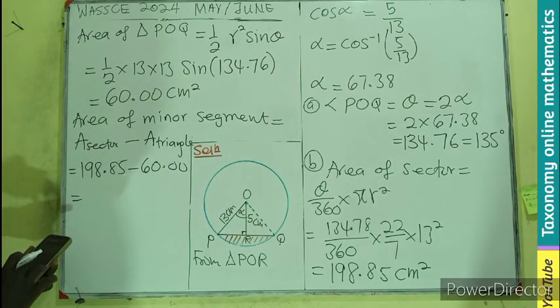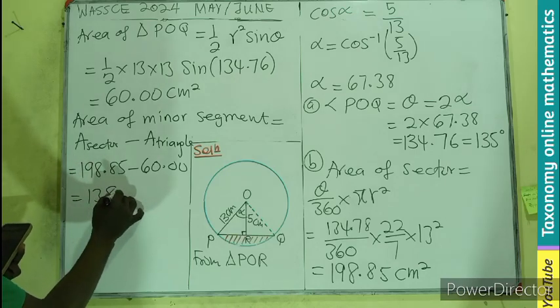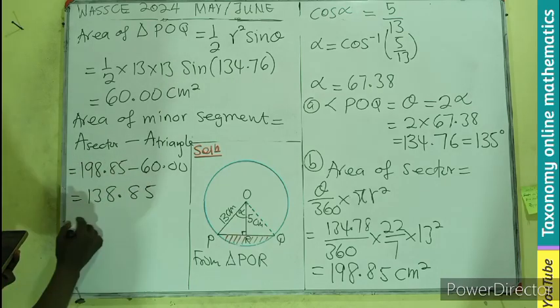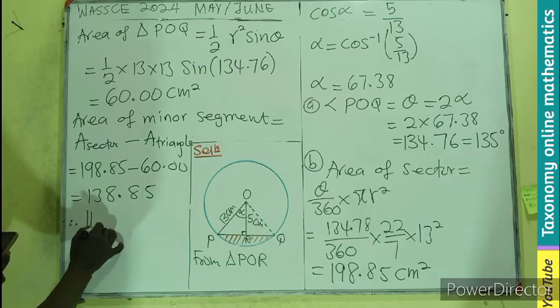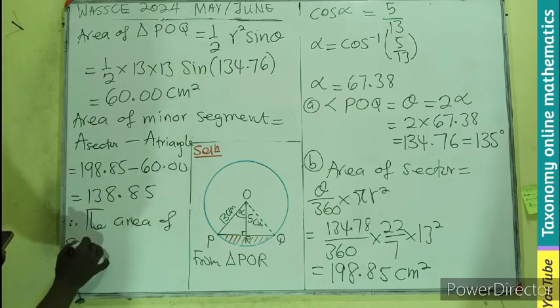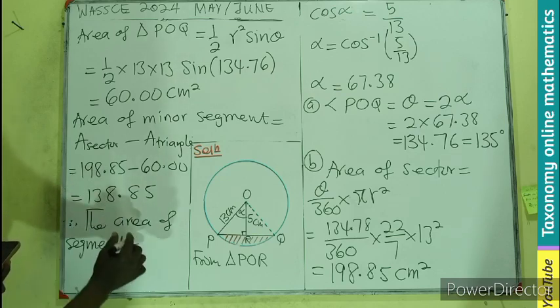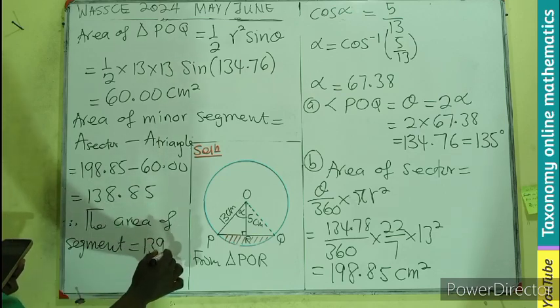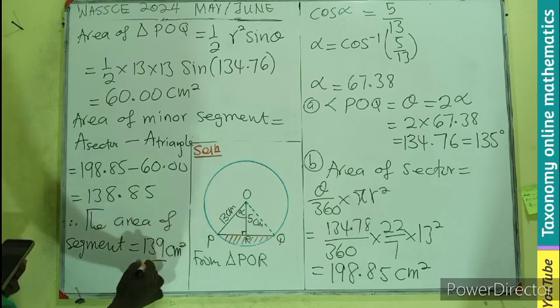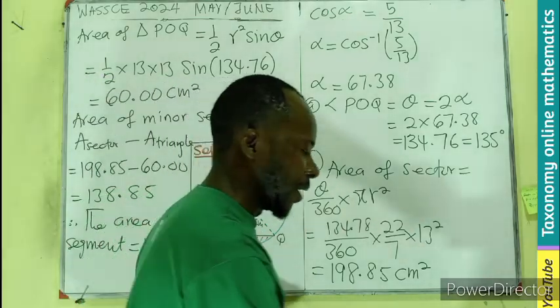If you do that, you will have 138.85. So therefore, the area of the segment, to the nearest whole number, is 139 centimeters squared.